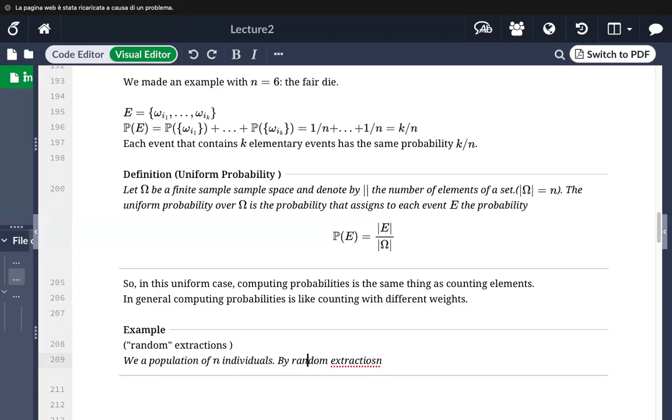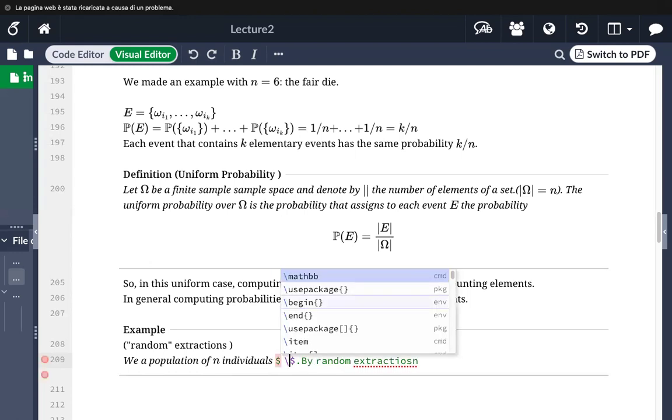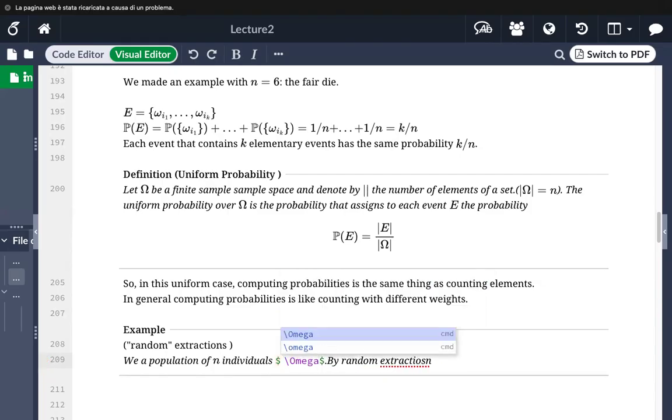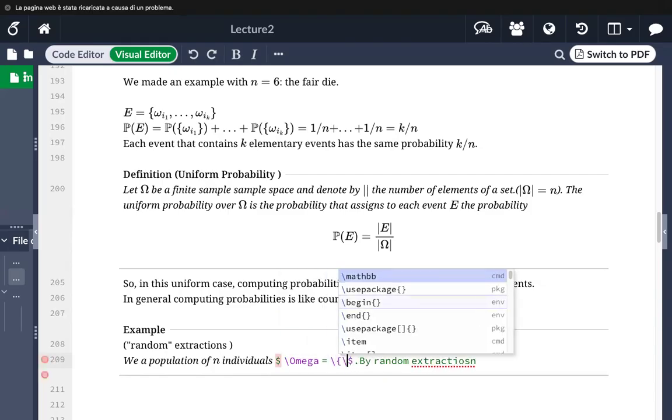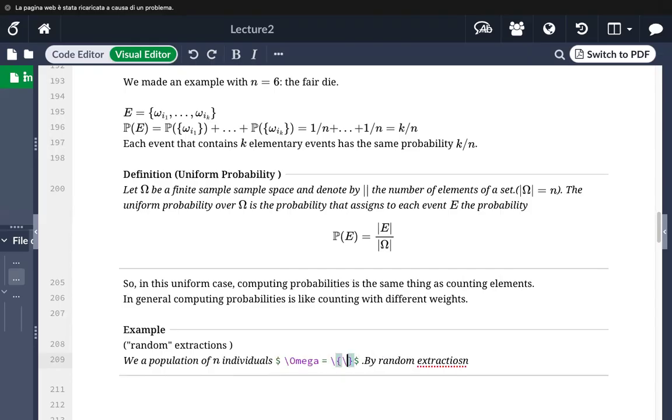Let me denote these individuals by omega, a slight abuse of notation, using the same letter as for the sample space.